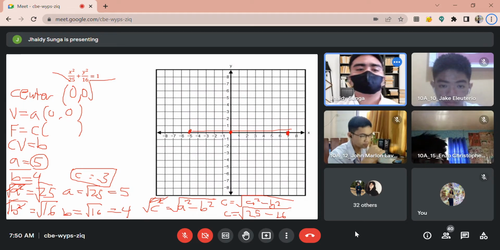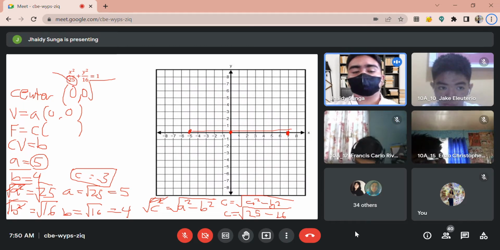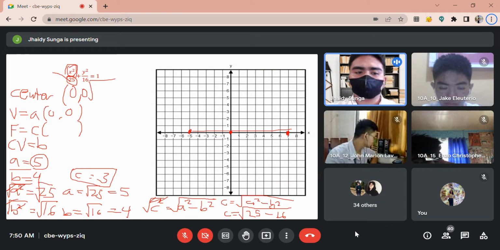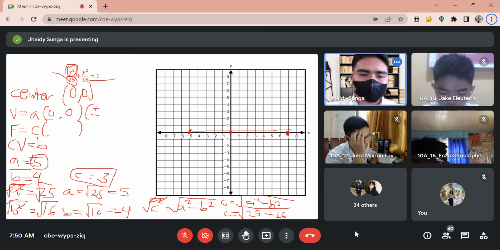Where are your vertices located? They're on the x-axis because the principal axis is on the x-axis. So therefore, you could add and subtract 5 on the x-axis. So your value will be just like this.